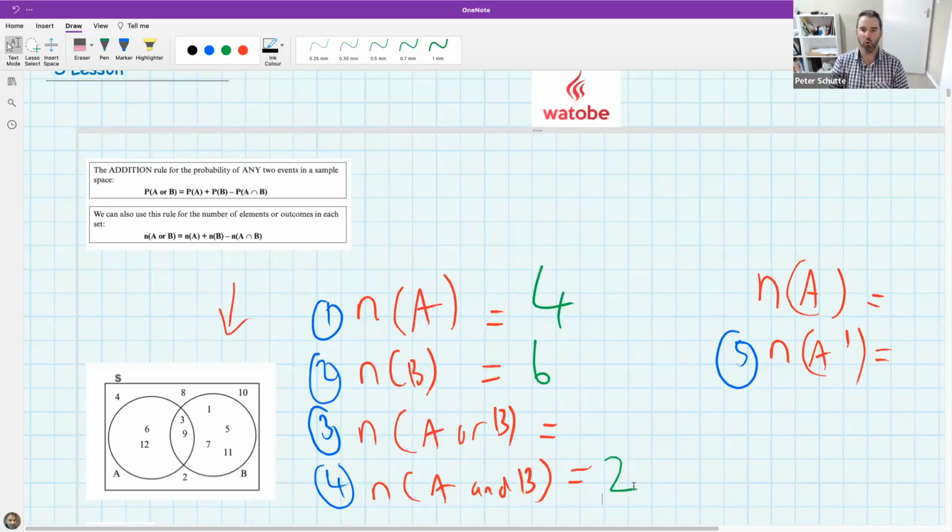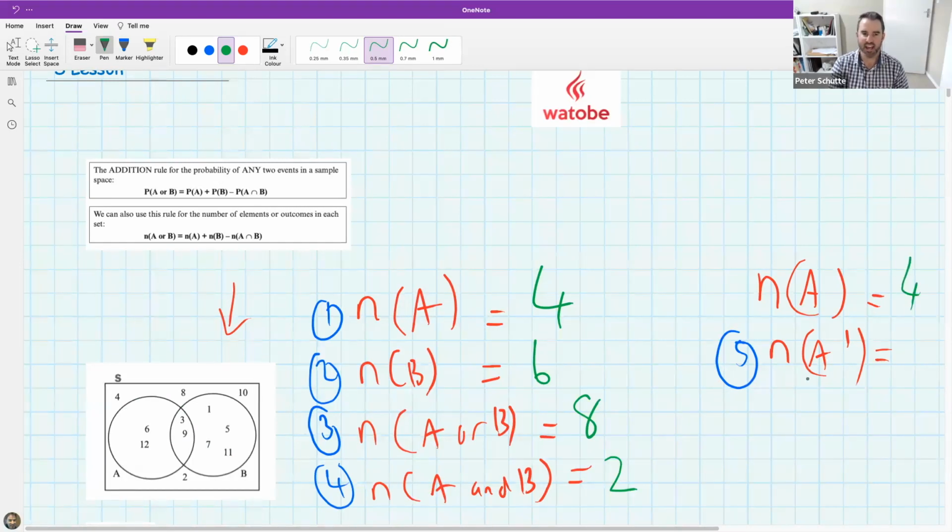What is A or B going to be? So A or B means you can be in this or in both, and I count 1, 2, 3. That's 8. And we know A is 4.